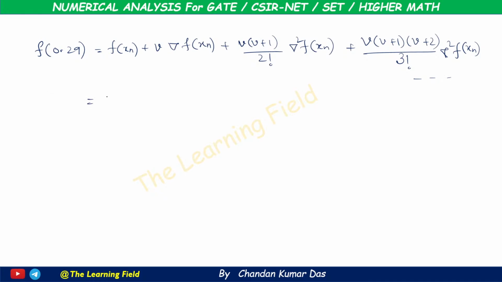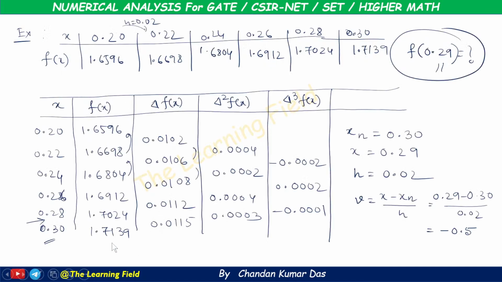So this is equal to f of xn value, which is 1.7139. This is the f of xn value, this is the xn value. Because the point lies in between here, therefore we take this line. Okay, this is the calculation line.